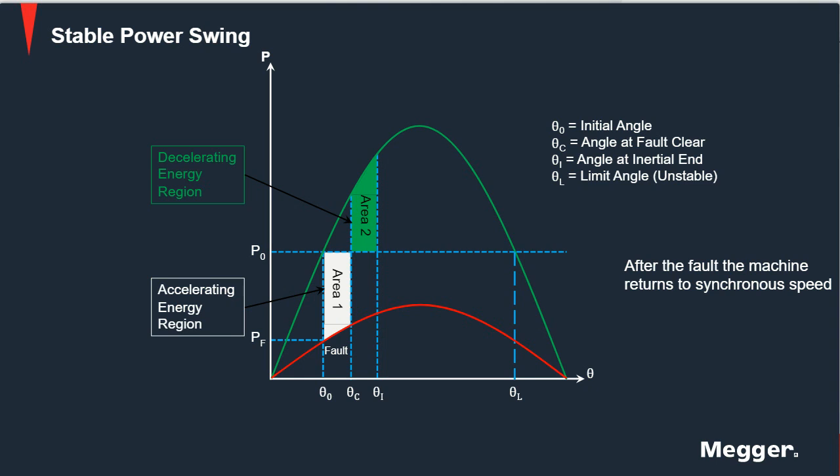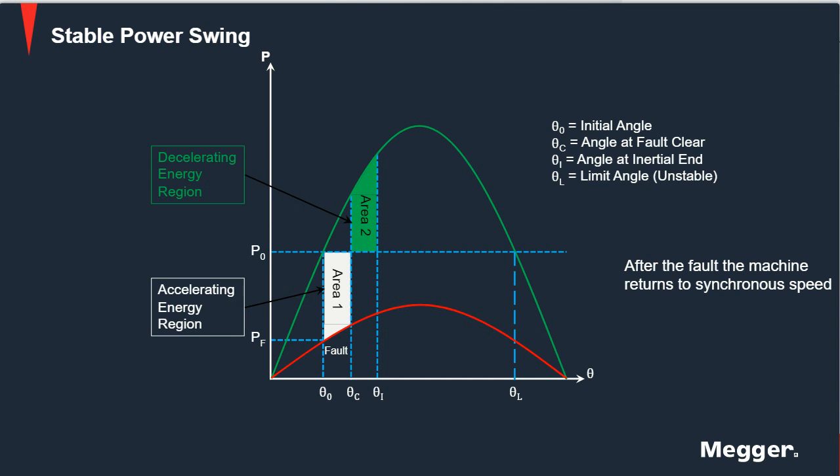What the equal area criterion says is that as long as the areas under the curve that correspond to the accelerating, remember, when the machine is moving forward, it's moving at a higher speed, it's gaining speed, because the prime mover now has a torque that's greater than the electromagnetic torque that's been demanded.